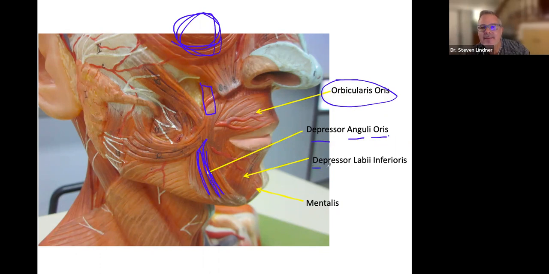Then we have a depressor labii inferioris. That's coming down in this direction. Like giving the sad lip, you know. I have a little girl, my daughter sometimes gives me the pouty lip. Pulling that down, depressor labii inferioris.